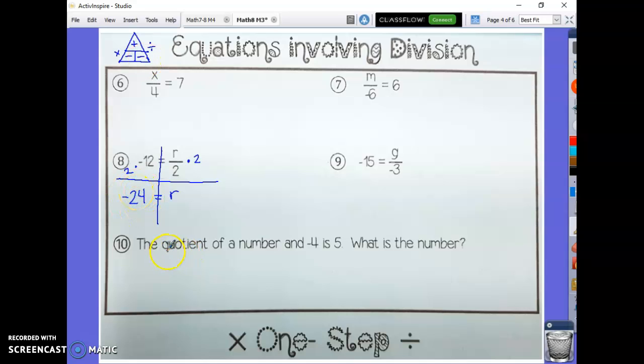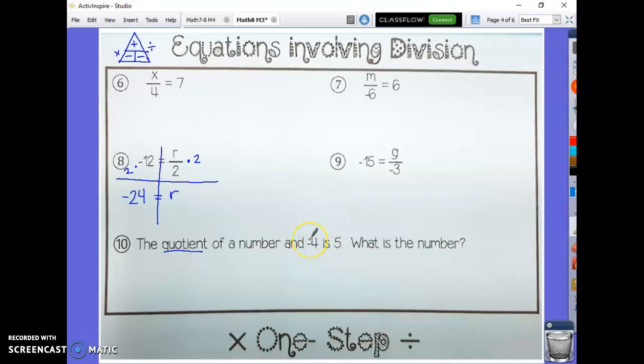The quotient of a number and -4 is 5. So a number divided by -4 gives you the answer 5.